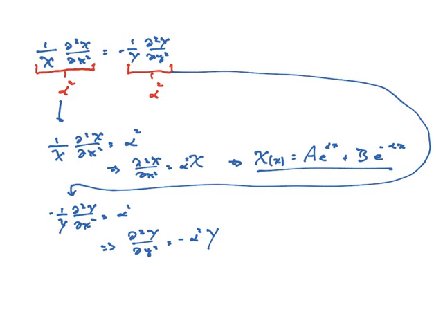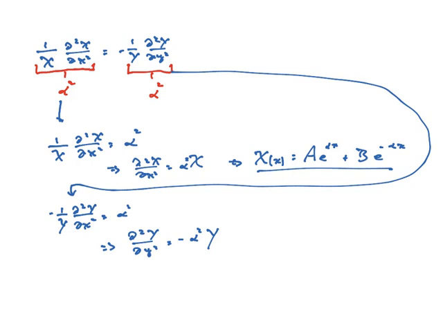So for the x piece, the second derivative gives back the function itself positively. For the y piece, the second derivative gives back the function itself, but times a negative. So exponential won't work. At least not the real exponential. A complex exponential will, but if it's not exponential, what about sine and cosine?